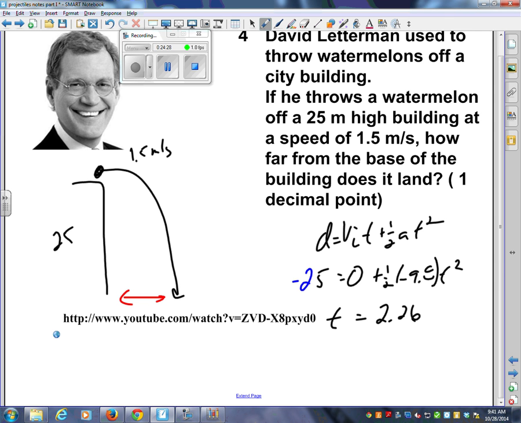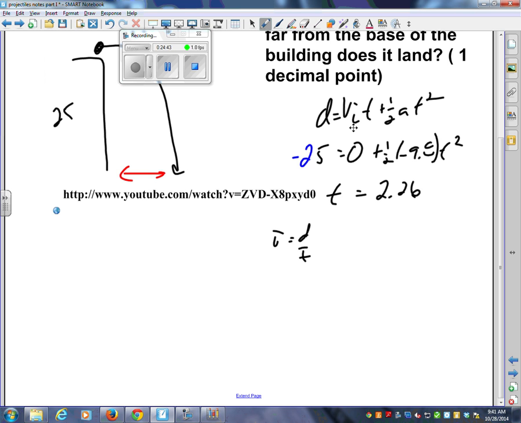Got that? Okay. And then how far from the base of the building? The next step is really just V bar equals d over t, right? I think that's all the next step is. What was the horizontal velocity? 1.5.